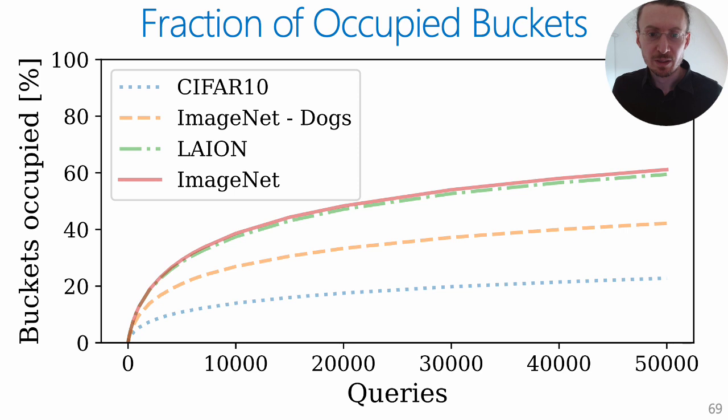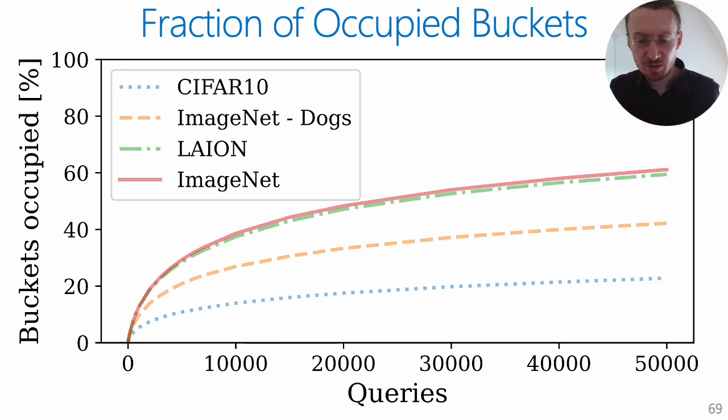When we move to more complex datasets such as ImageNet, in this case just the subset for dogs, where we select from the ImageNet dataset only the images that contain a dog, then we further increase the query complexity and more buckets are occupied.